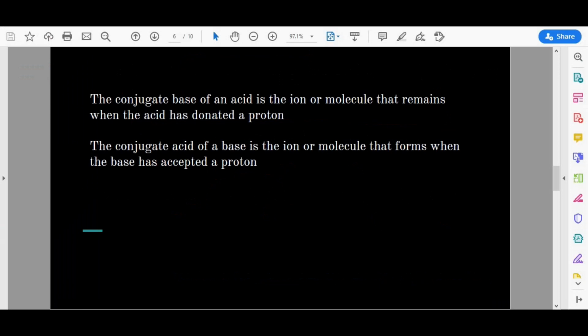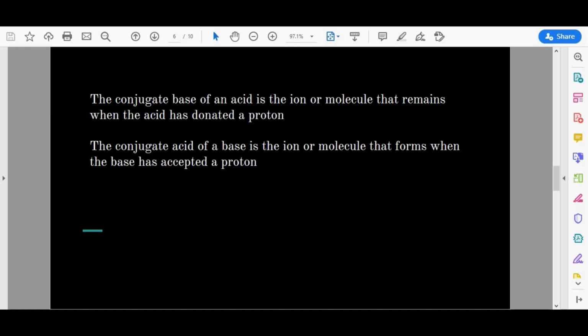To remember the definitions for conjugate base and conjugate acid, I've just given you the definitions. Instead of remembering that paragraph, it's just about 2 lines. So, the conjugate base of an acid, so a conjugate base always forms as a result from an acid, is the ion or molecule that remains when the acid has donated a proton.